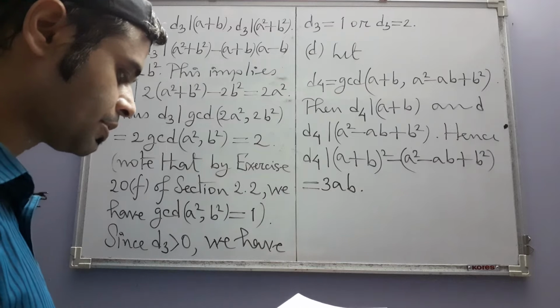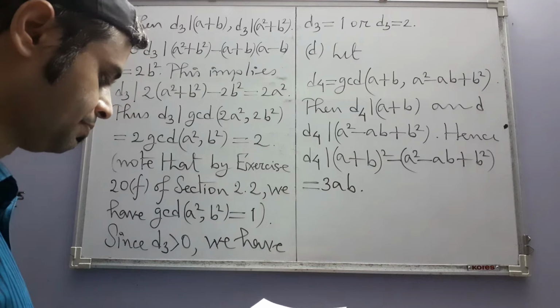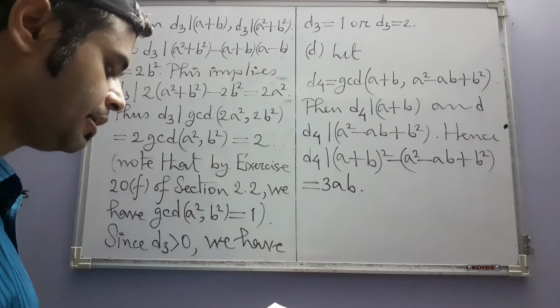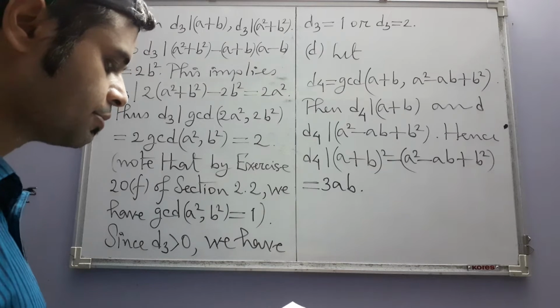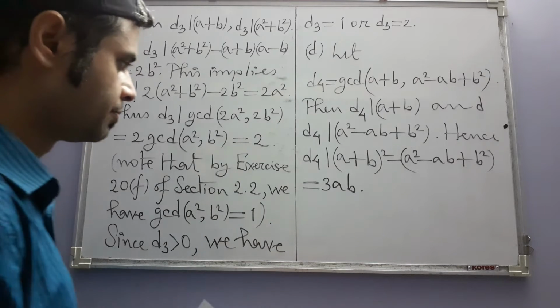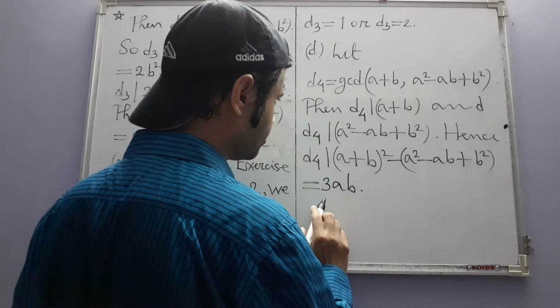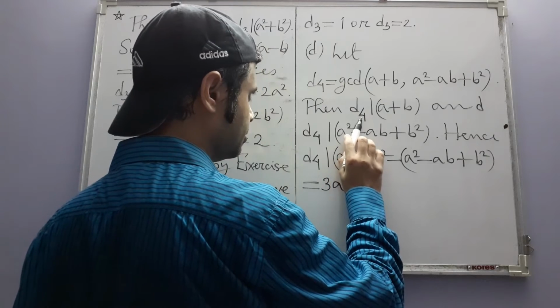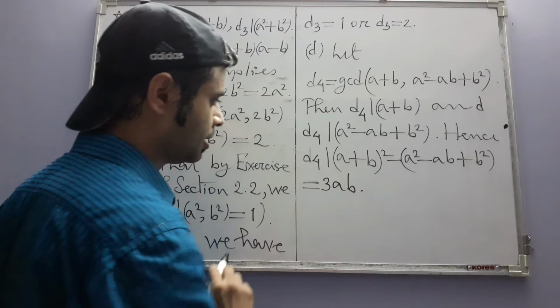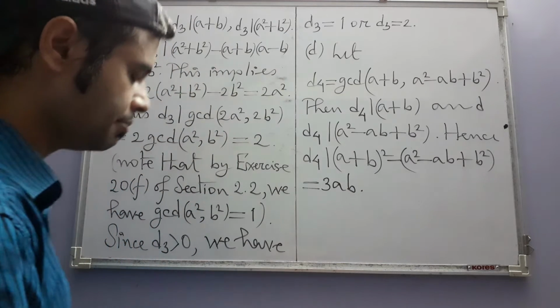Now what can we possibly do from here? It may not be immediately apparent what is to be done, so let's just see what we can do. Next we are going to use this divisibility, that D4 divides a plus b, and this one, that D4 divides 3ab.